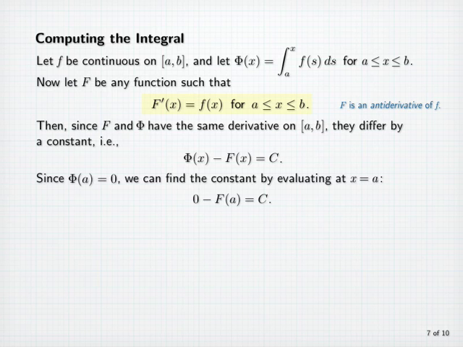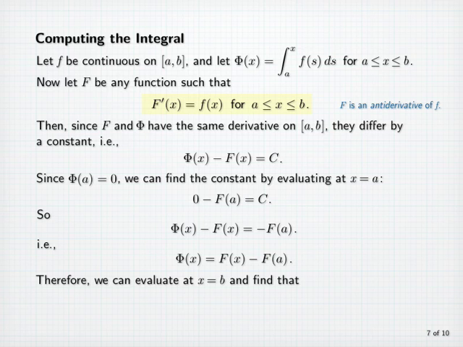So c is equal to minus capital F of a, and we have phi of x minus capital F of x equals minus capital F of a. Now rearranging slightly, we have phi of x equals capital F of x minus capital F of a. Therefore, we can evaluate at x equal to b and find that phi of b, which is the integral from a to b of f of s ds, is equal to capital F of b minus capital F of a.